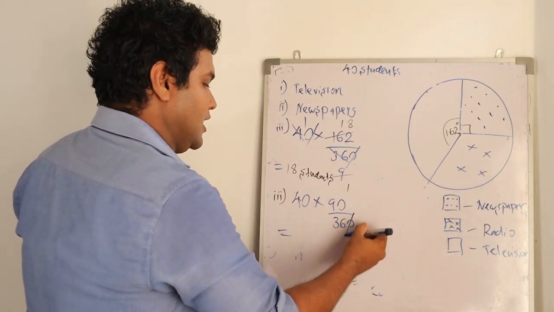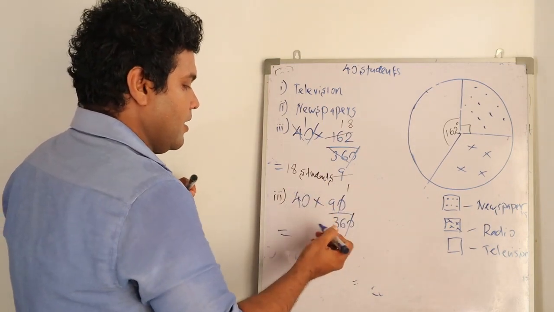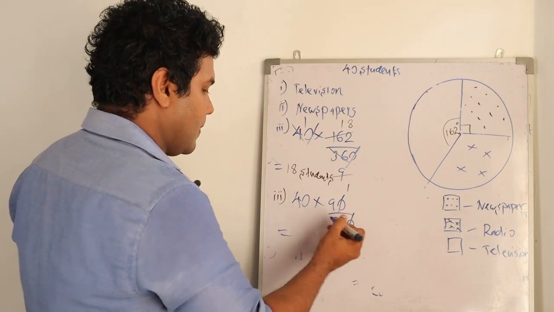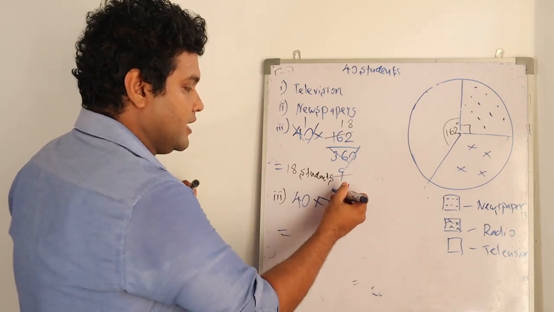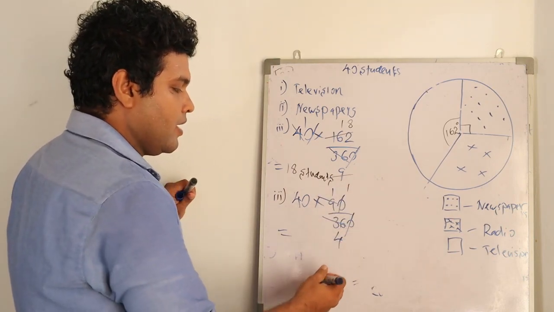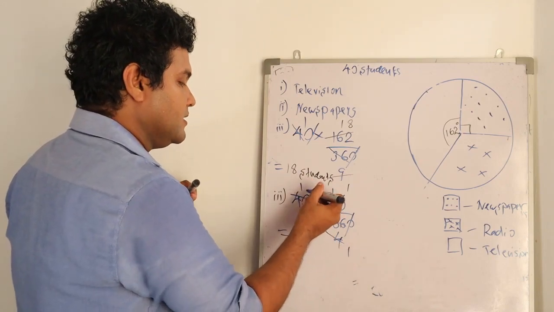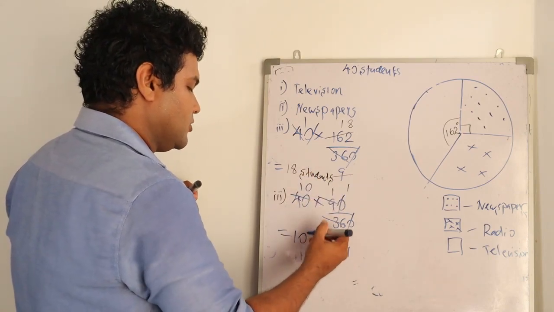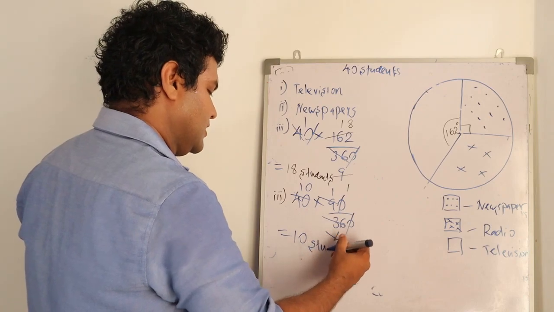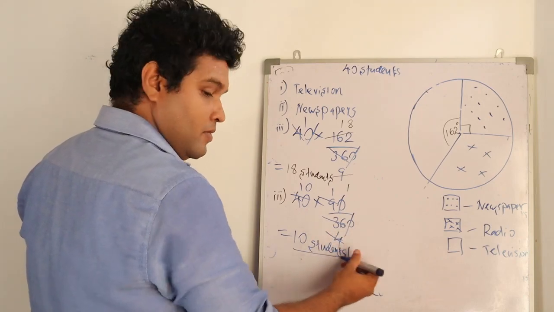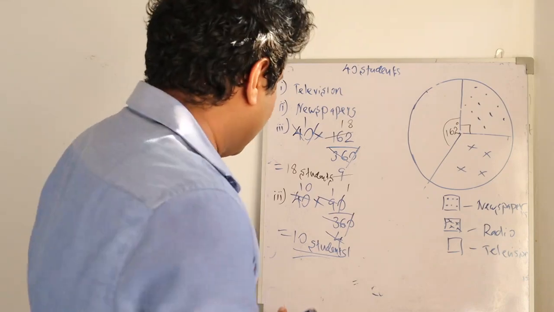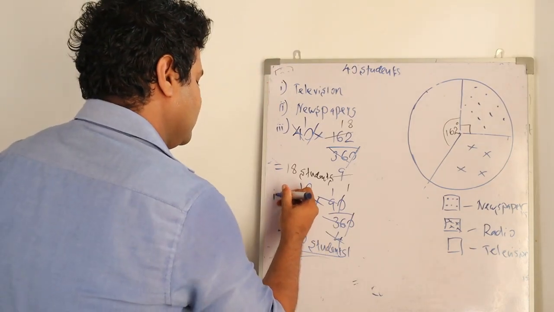The 0 and 0 cancel, and we can simplify 9 times 1 and 9 times 4, and again 4 times 1 and 4 times 10. The answer is 10 students. Okay, this is question number 4.